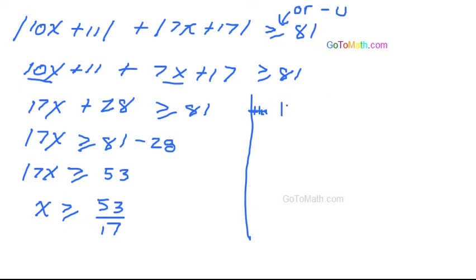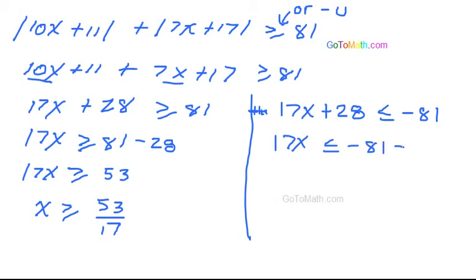So this is going to be 17x plus 28, after we drop the absolute value bars and collect up like terms, except this time we're going to flip this and make that negative. So we end up with 17x is less than or equal to negative 81.